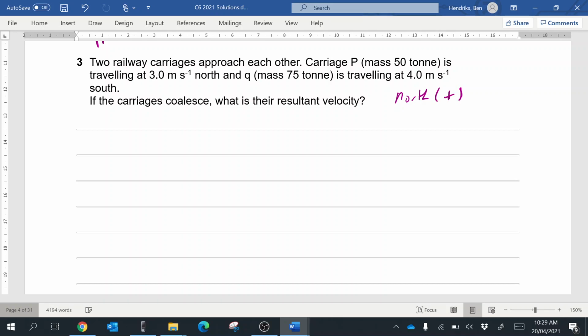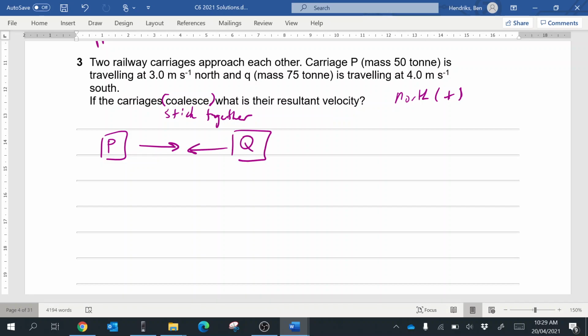And let's just draw what happens. If the carriages coalesce, just remember that means stick together. So we have P travelling north, and then Q travelling south.